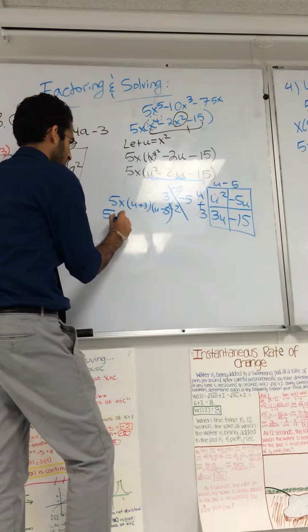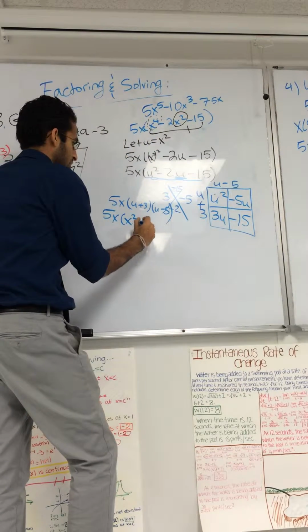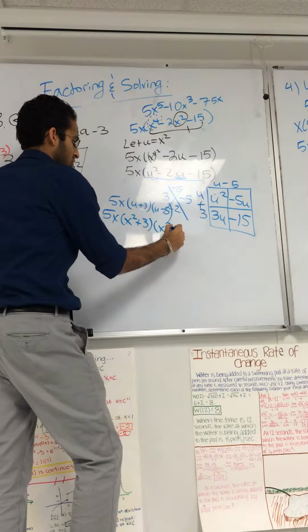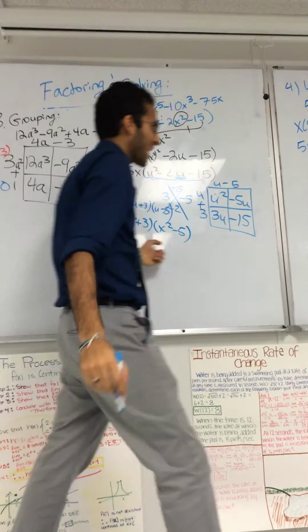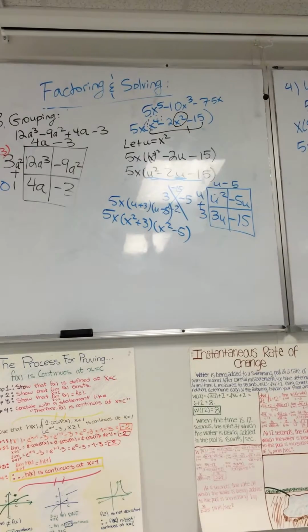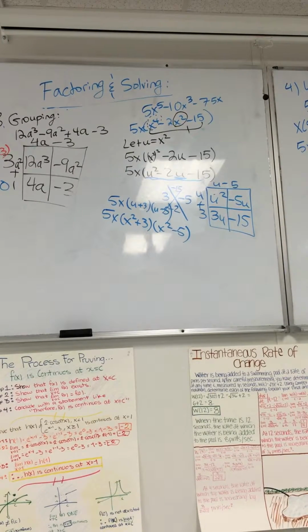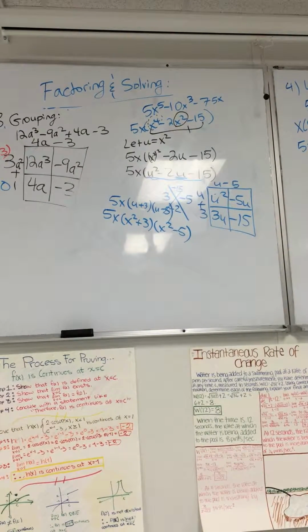I get 5x times x squared plus 3 times x squared minus 5. That's exactly what we got right over here. It's the same thing. And now, if you wanted to find the roots, you would go through the exact same process you went through over here. Set it equal to 0, set each piece equal to 0, boom, boom, boom.